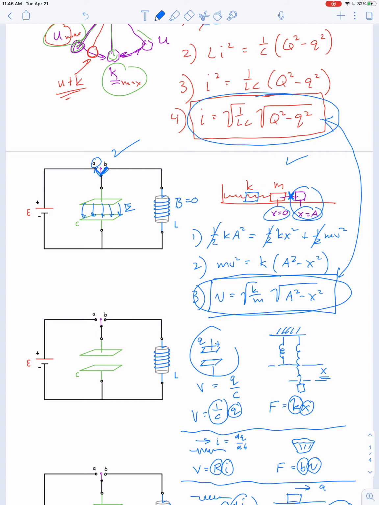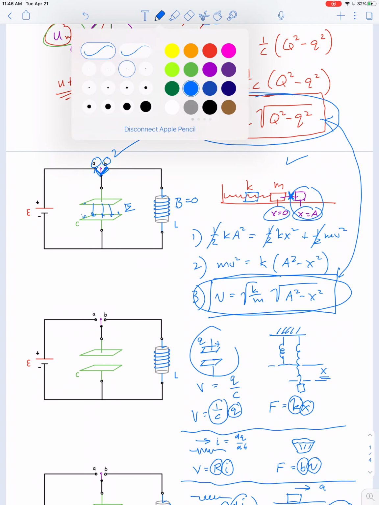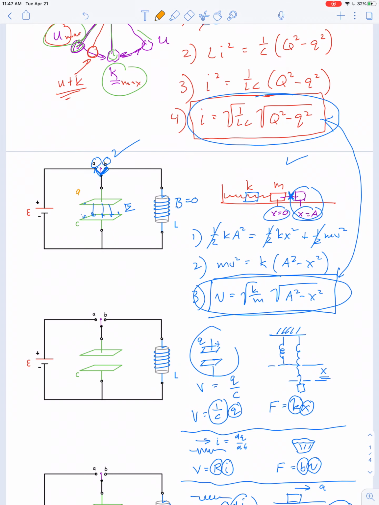And then we throw the switch into position B, and a little bit of the electric field goes away. And that's due to the fact that some of the charge on the positive plate has leaked off as a current flows in a clockwise direction. That current flowing in a clockwise direction makes a little bit of magnetic field appear in the inductor.